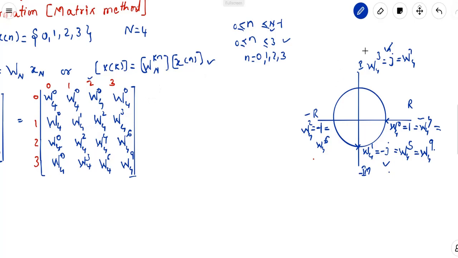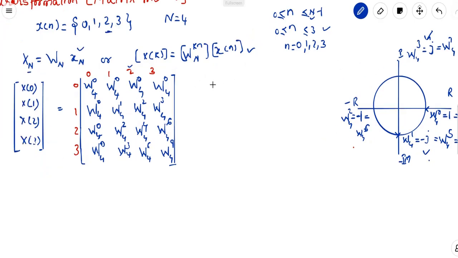Before that, for these values x of n, this matrix will be n cross 1. So this is x of 0, x of 1, x of 2, and x of 3. Now we will substitute these values. What is omega 4 of 0? It is 1. Again omega 4 of 0 is 1, 1 and 1.